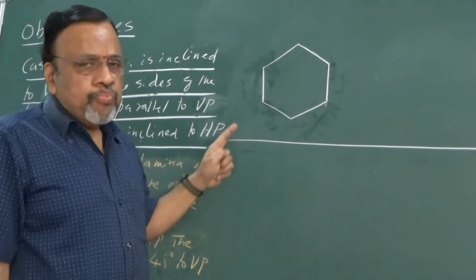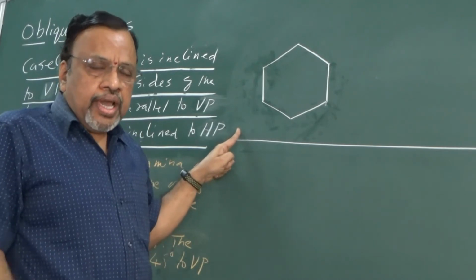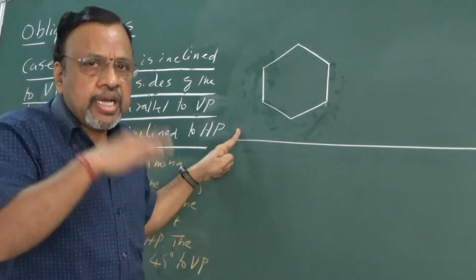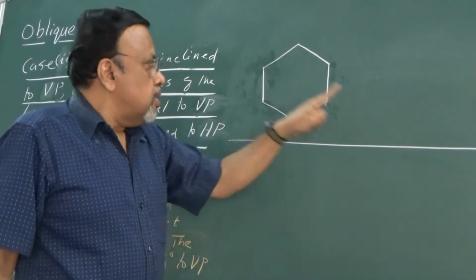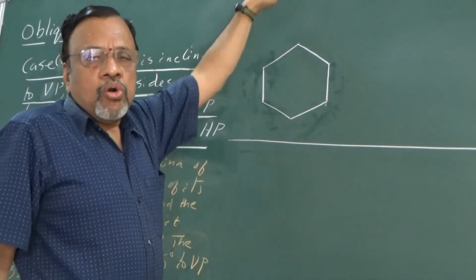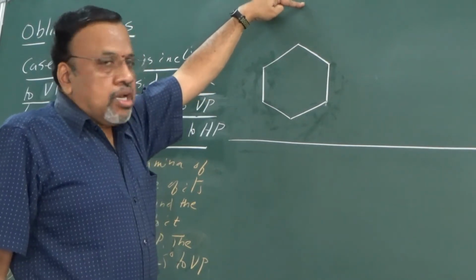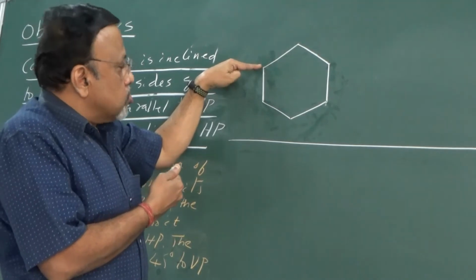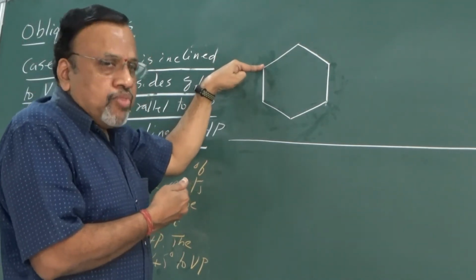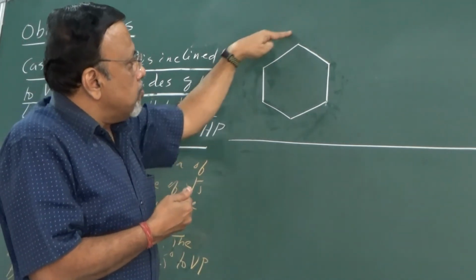But anyway, now I need to name them. So how do you name them? Again, I need to follow the convention of the first angle. In the first angle, what I said? This is the plane, object, observer. For the observer, which is the corner nearest to him? From the leftmost point, this corner. So start naming from this particular corner, from visible to invisible.